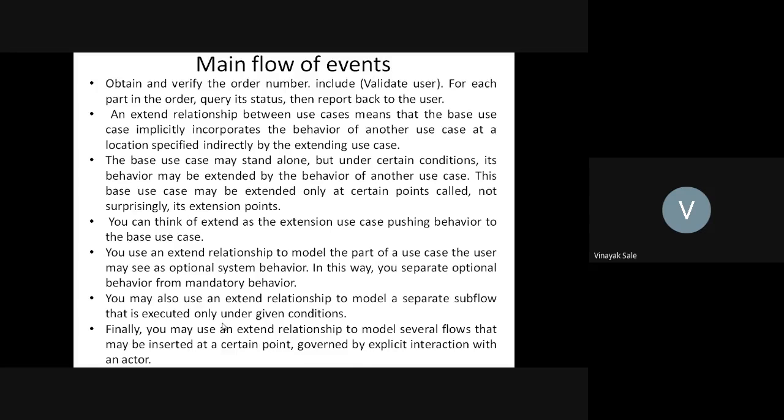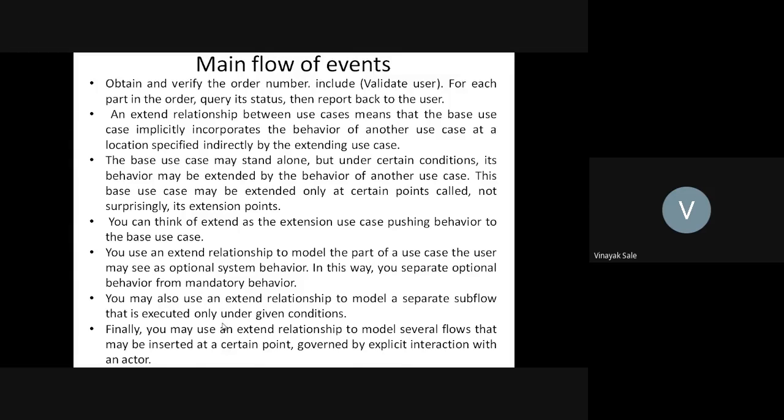You use an extend relationship to model parts of a use case that the user may see as optional system behavior. In this way, you separate the optional behavior from mandatory behavior.